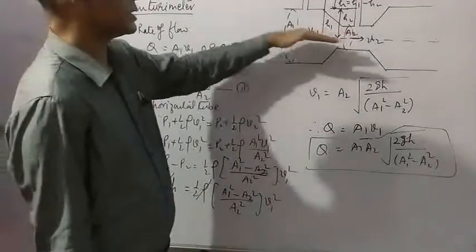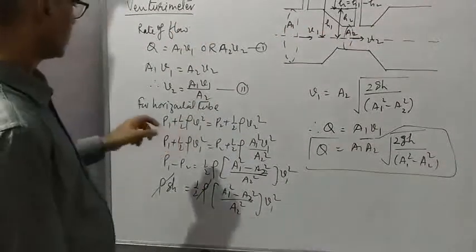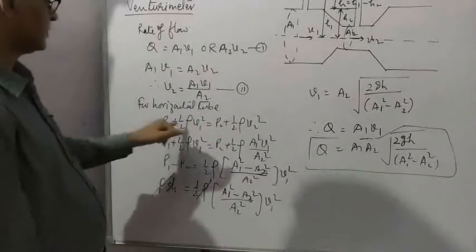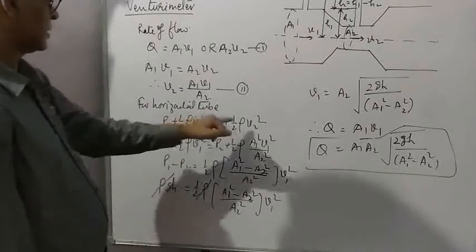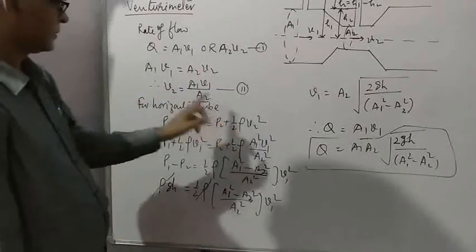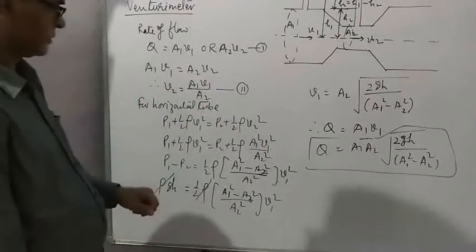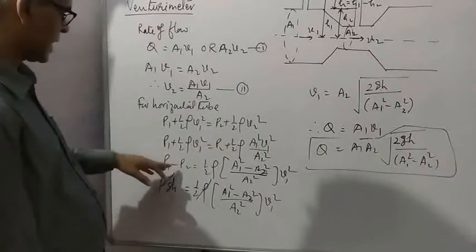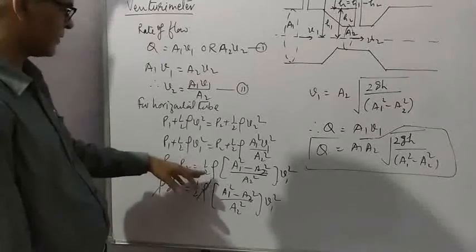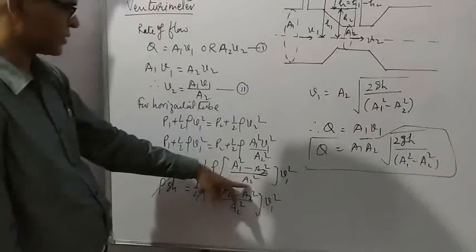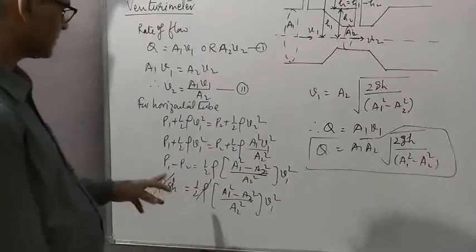Since it is a horizontal tube, we can write Bernoulli's theorem for a horizontal tube. The value of V2 is put here. Then solve, and finally you get P1 minus P2 is equal to half rho into (A1 square minus A2 square) upon A2 square into V1 square.